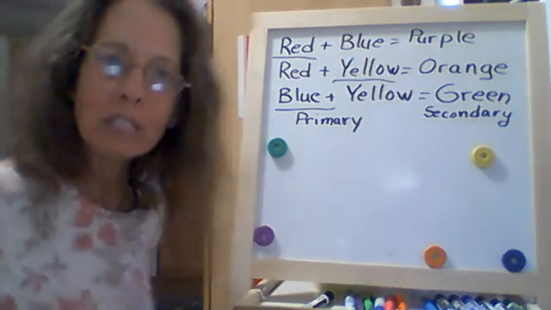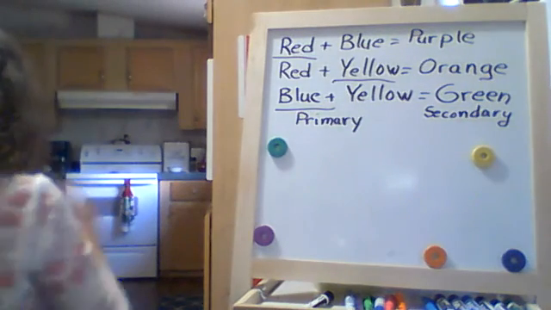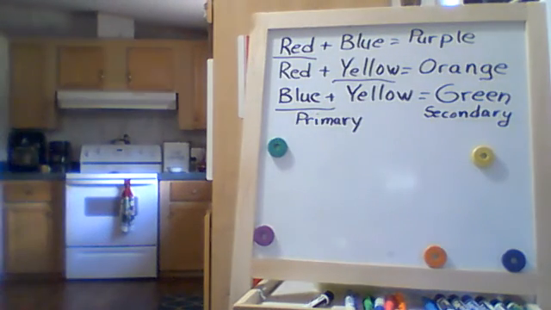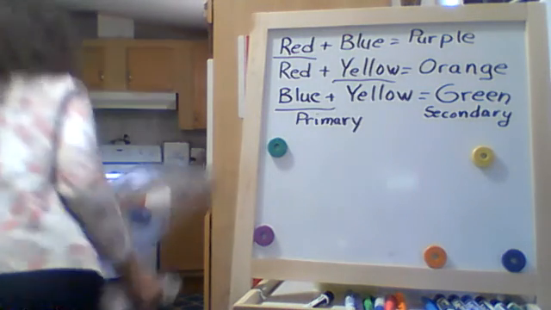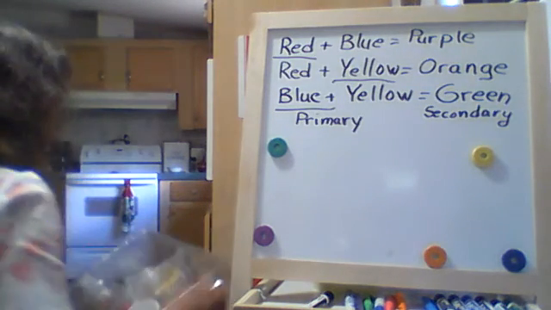Oh, I didn't even see the color wheel in my kit. Let's see if I can find it. Let me go get my kit. I don't see a color wheel.